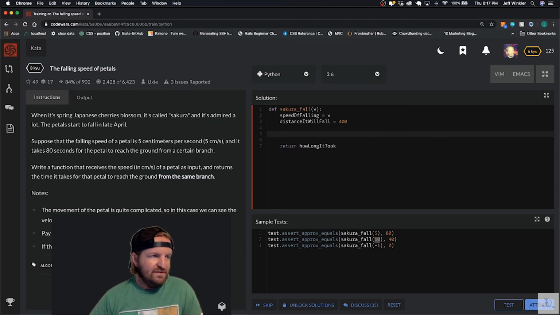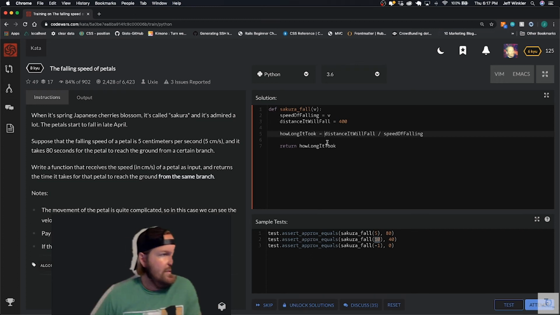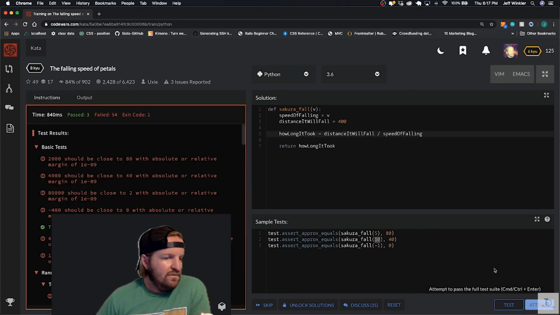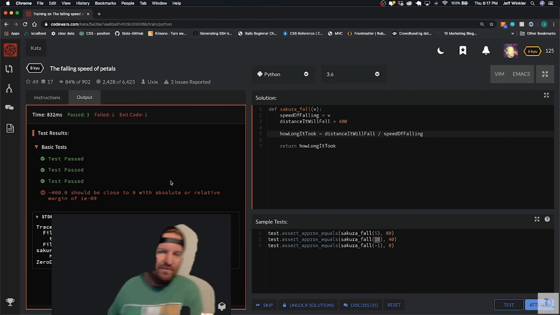So if we take the distance divided by the speed, we will get how long it took. Alright, let's test that and see if I'm thinking about it right. Okay, so I had that backwards to begin with. That's my bad.